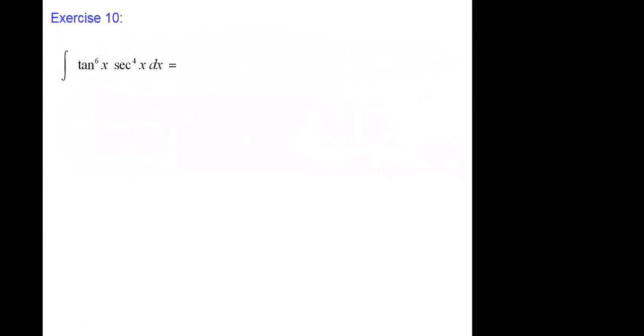Okay, tangent x to the power of 6, secant x to the power of 4. Both even. And we remember, if it's both even, we want the entire integrand to be rewritten in terms of tangent. But if I let u be tangent of x, the derivative of tangent is secant square. That means I will look at the secant, I will pull out 2, and the remaining even, which is also 2.